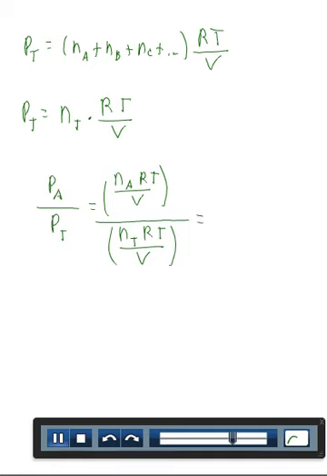So this was just the number of moles of A over the number of moles total.